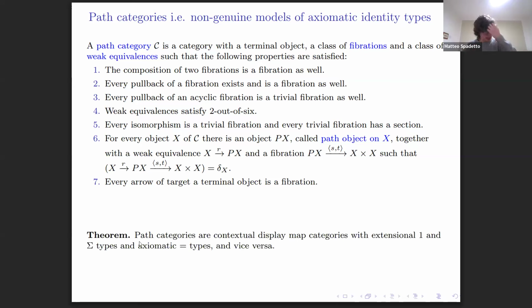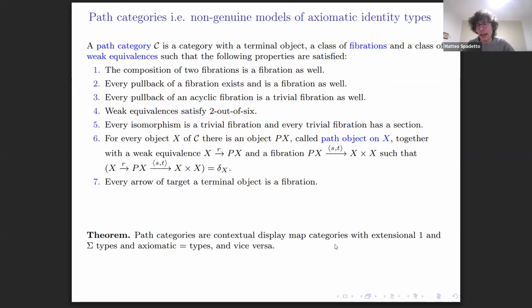So this is a sort of intuition of the proof of the following result, that path categories are free models of axiomatic identity types, in the sense that they are contextual display map categories with axiomatic identity types.